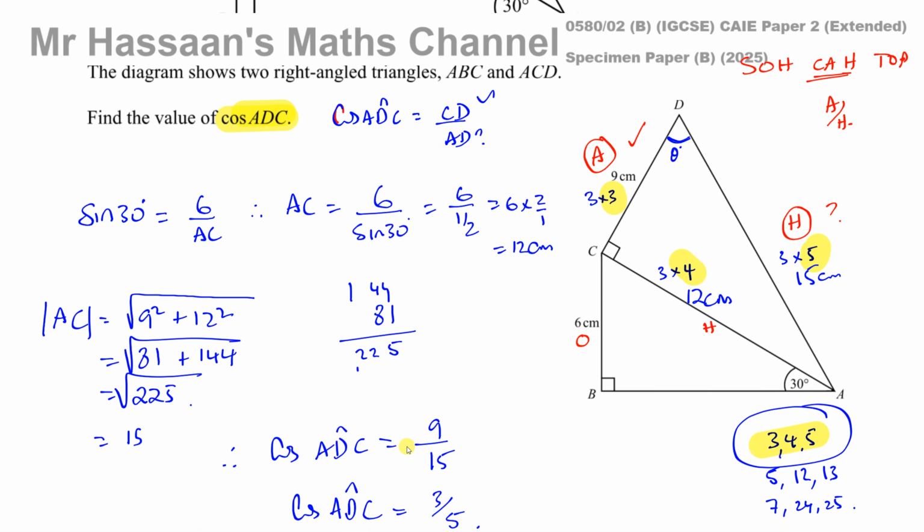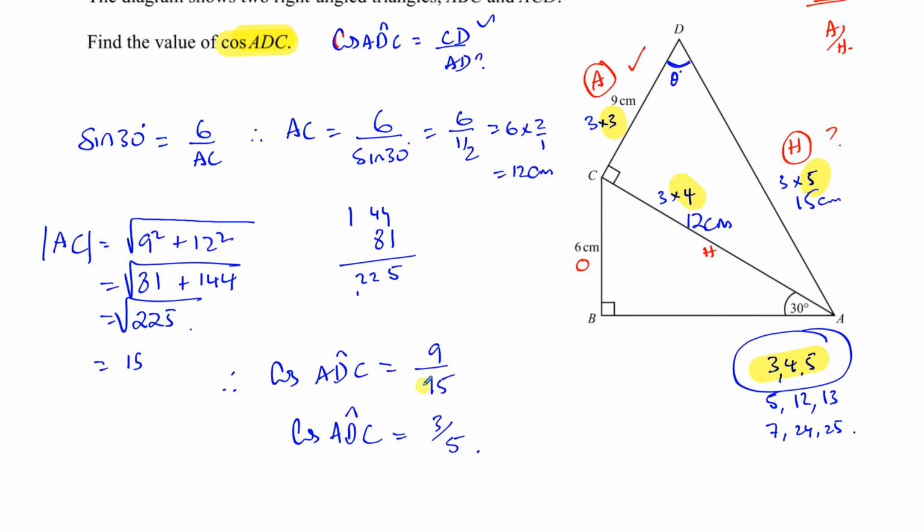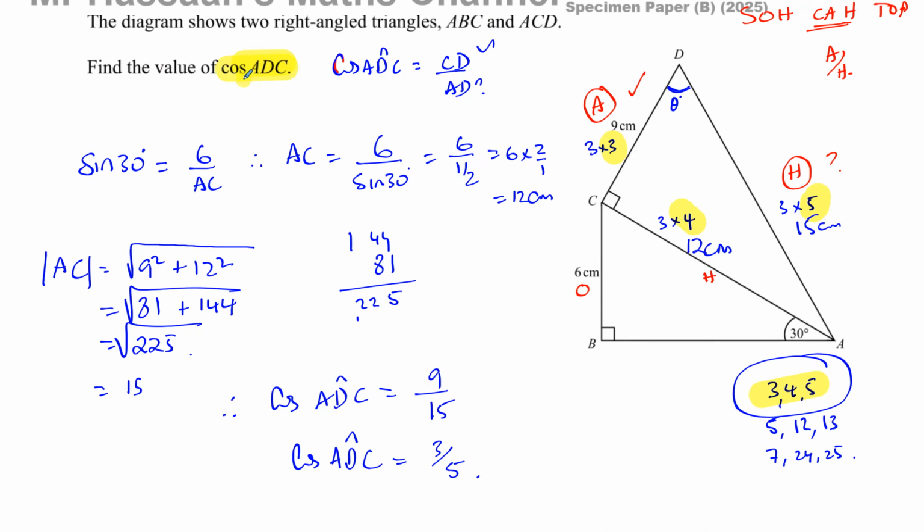Now, this is a question about trigonometry, and it's a question about the exact values of trig ratios, which is something new in the syllabus, which we must know. So we must know what the sine of 30 degrees is without using a calculator. And secondly, a mistake people make: find the value of cosine ADC.